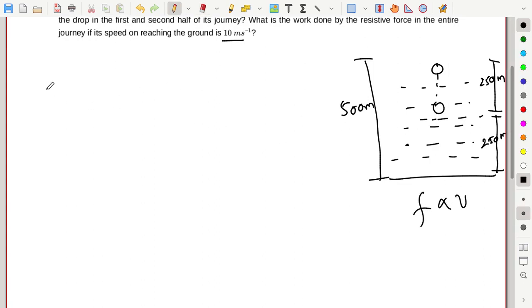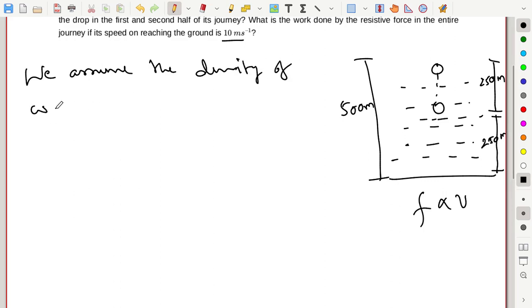Before going into the problem, we need to have certain values. So we assume the density of water. It is not an assumption, but the water density slightly changes. But in this problem, we consider the water density as 1000 kg per meter cube. So let me write it as rho equal to 1000 kg per meter cube.